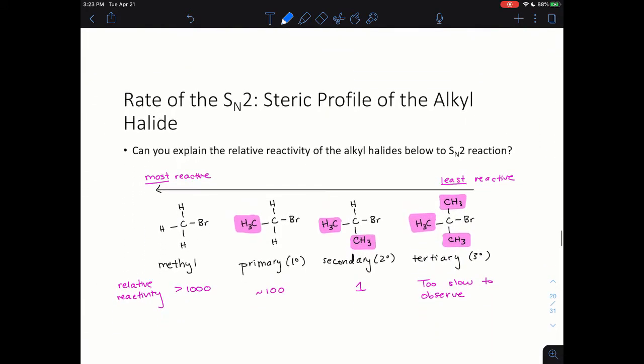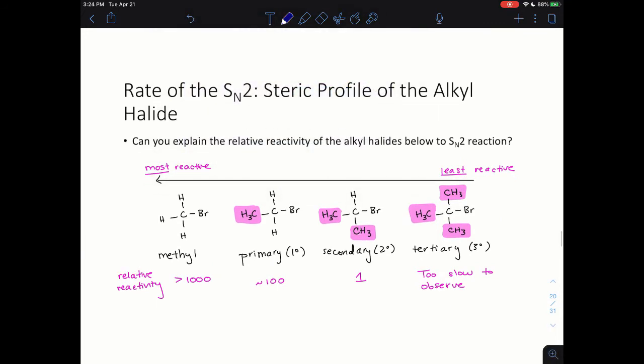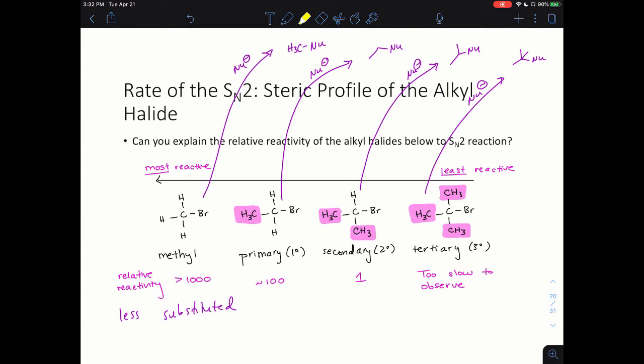And we're going to start with the alkyl halide. So let's take a moment and look at this data and see if we can explain the relative reactivity of these alkyl halides to SN2 reaction. So orient yourself to this slide. What we see here is that the less substituted the alpha carbon, the one that actually reacts with the nucleophile, the faster the SN2 reaction.